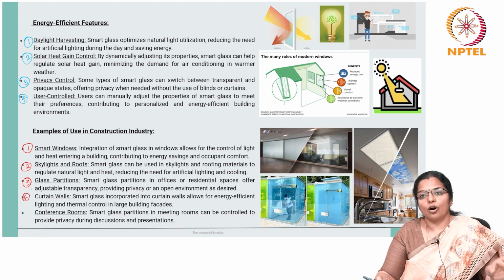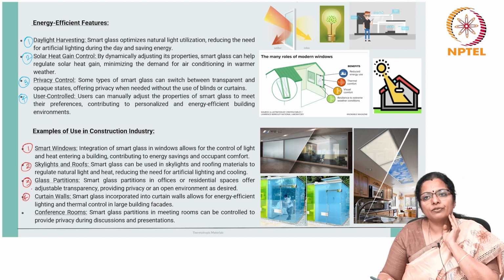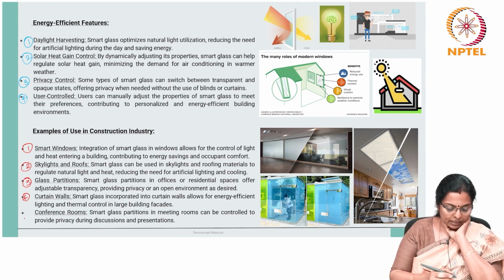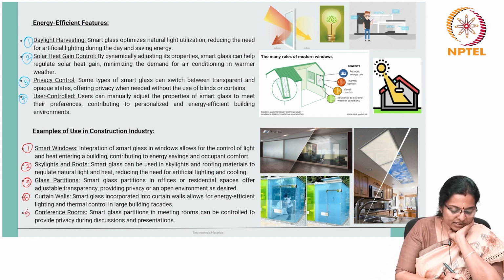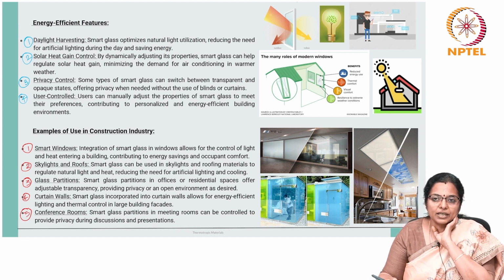Smart glass incorporated into curtain walls allows for energy efficient lighting and thermal control in large building facades. Fifth is spaces such as conference rooms. Smart glass partitions in meeting rooms can be controlled to provide privacy during discussions and presentations.